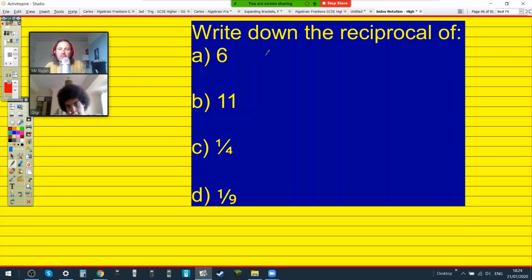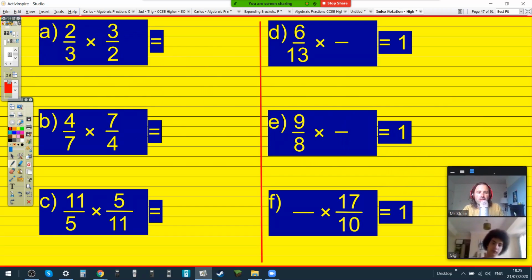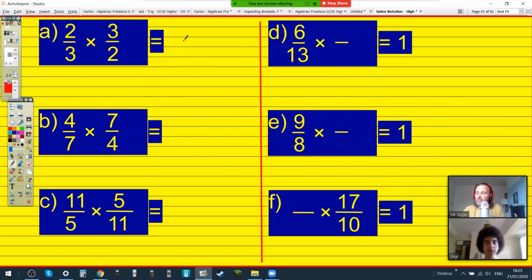Okay, what's the reciprocal of each of these? 1/6. 1/11. 4. 9. That's it. How about these? Divided by 13.